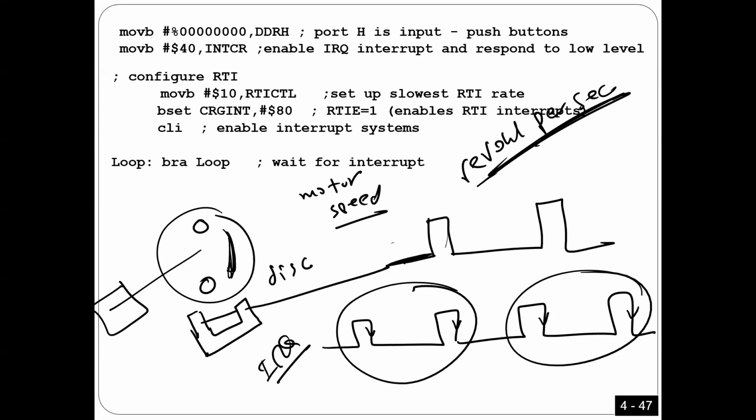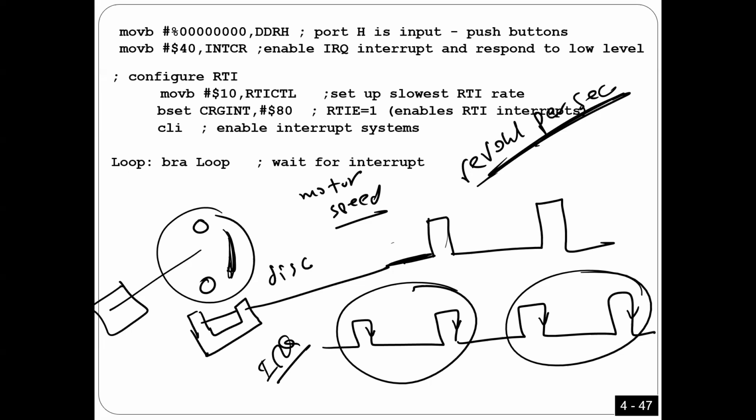However, I'm going to enable IRQ only for 1 second because I want to count how many we have in 1 second. Or if you want to make it more accurate, you can enable IRQ for 2 seconds and divide the number you get by 2, so you get the revolutions per second. You got what I'm saying?